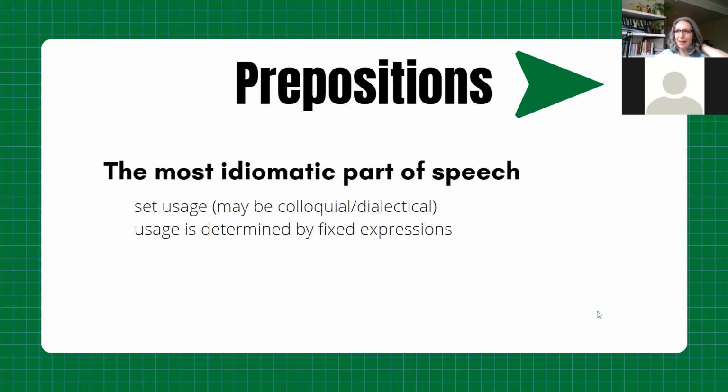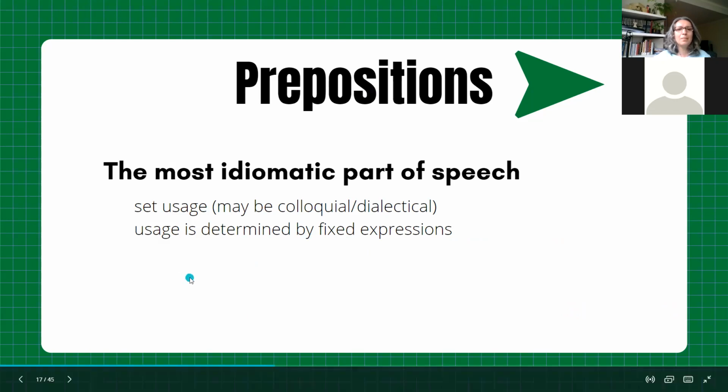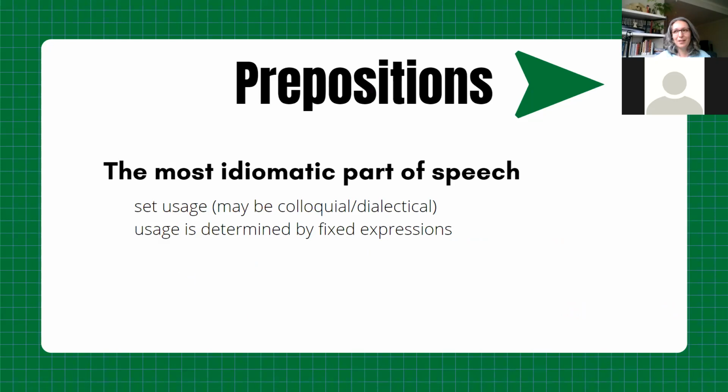I refer to it as the marketing department for the noun because it points to the noun or noun phrase or replacement. It's the most idiomatic part of speech. And what I mean by that is that it's used in different ways, and the ways are not consistent, but they reflect culture, they reflect the way of speech.